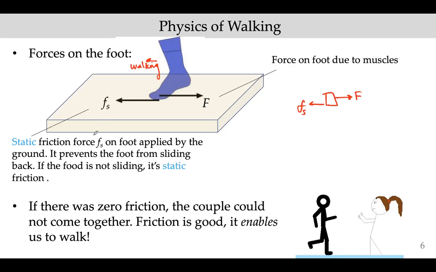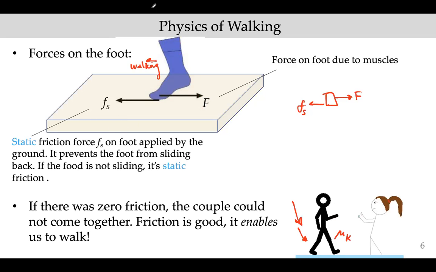The reason that I'm using static friction is because your foot is not sliding like this. Here they're sliding, and in this case, if there was any friction, I would use kinetic friction. But here it's not sliding, right? So that's why I'm using static friction force.